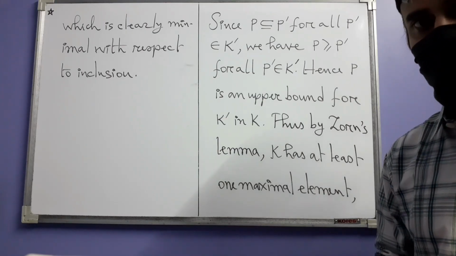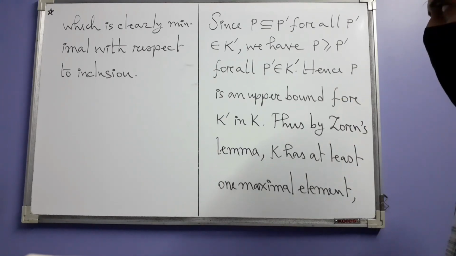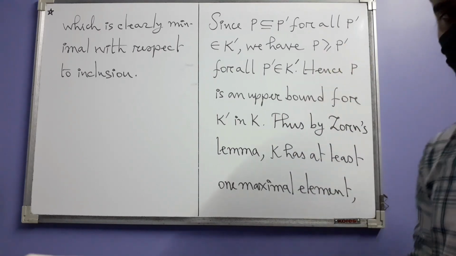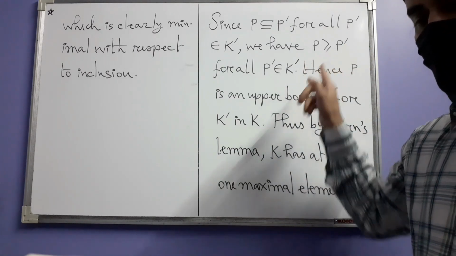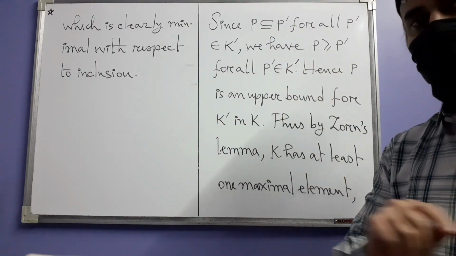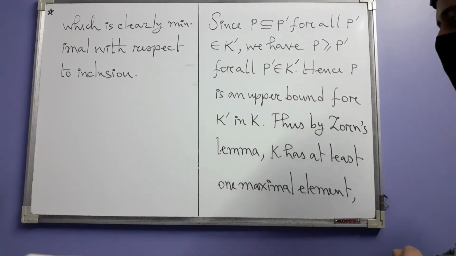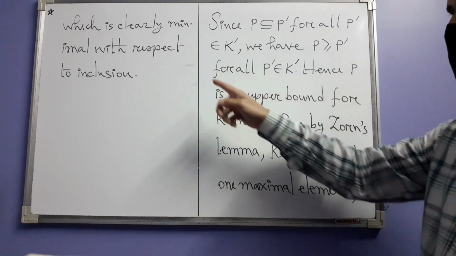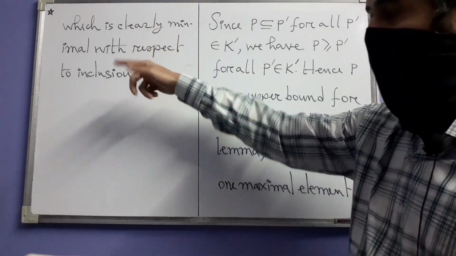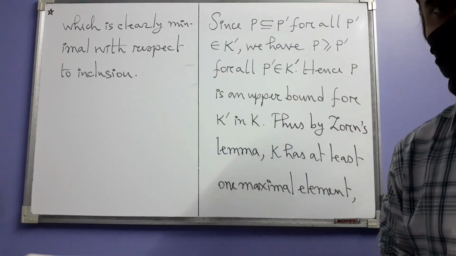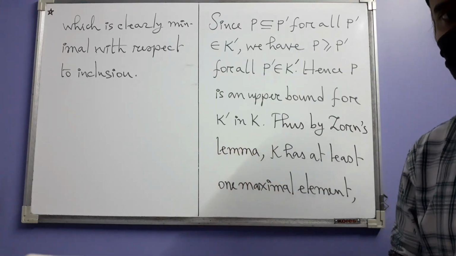It may have more than one, but there is at least one, which is maximal with respect to this relation. But behind this relation, the real meaning is that P is a subset of P prime. And that is why that maximal element, we write like this, is clearly minimal with respect to inclusion. So here the solution ends.